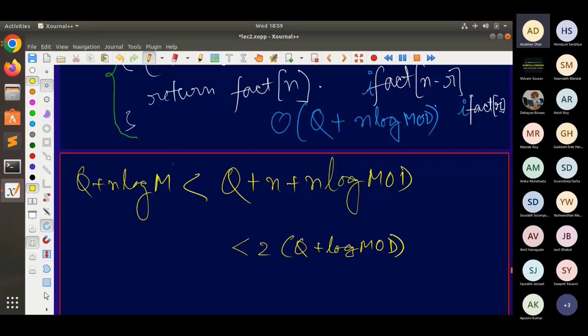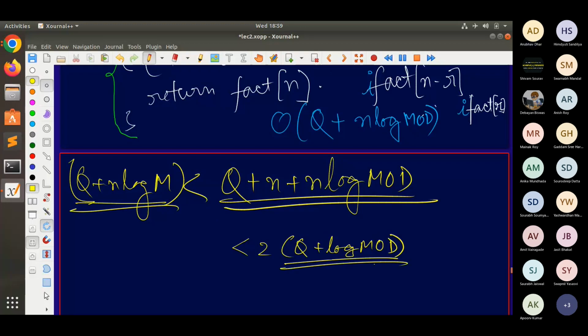So forgetting the constant, the order of this is basically the order of this, right?